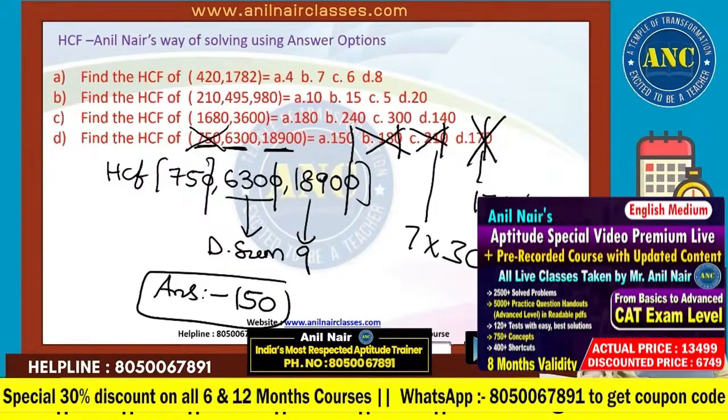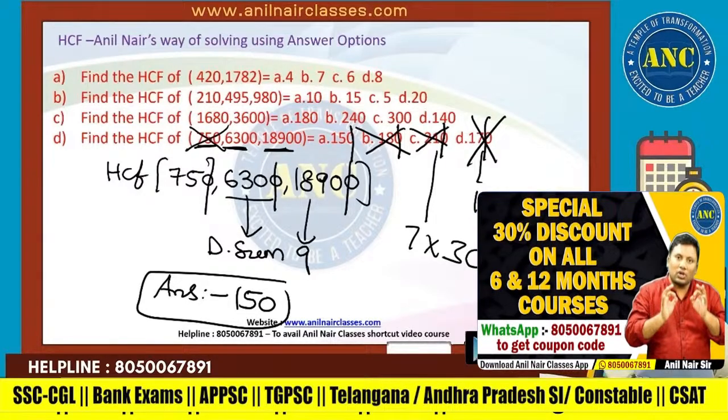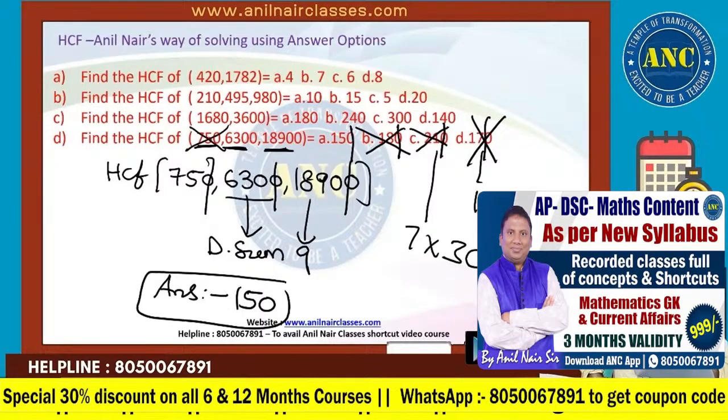Again I am repeating. 750, 6,300, 18,900. I removed one 0 from each at the end.